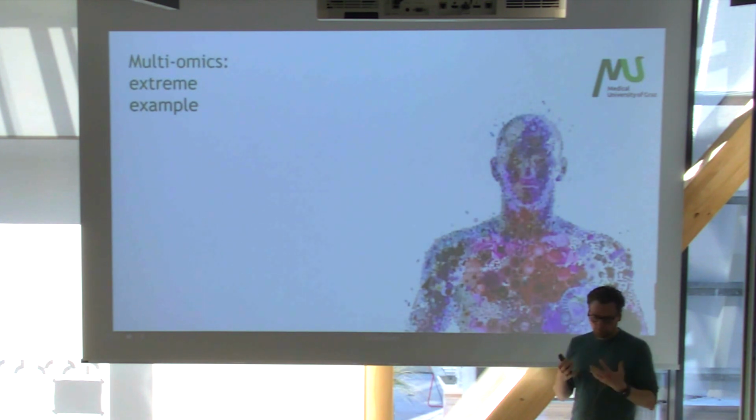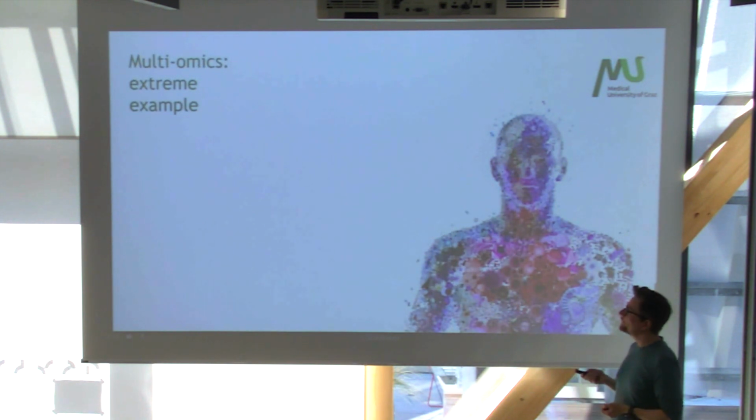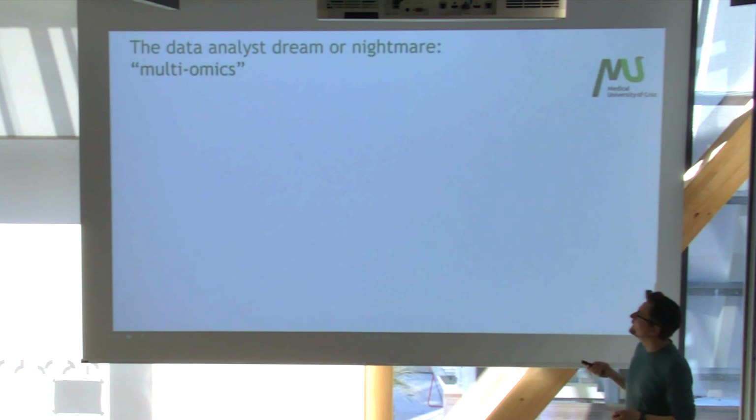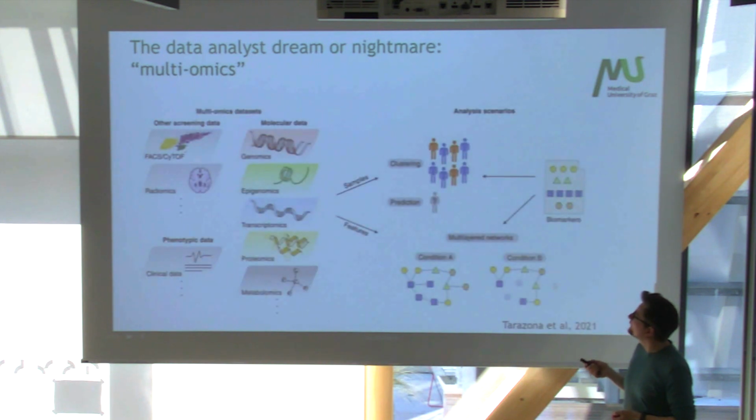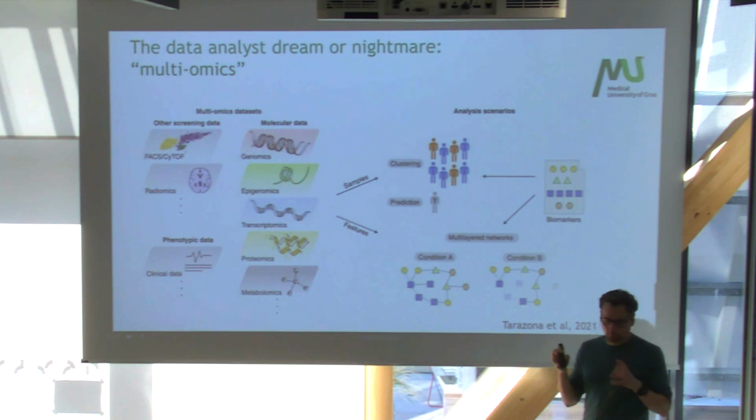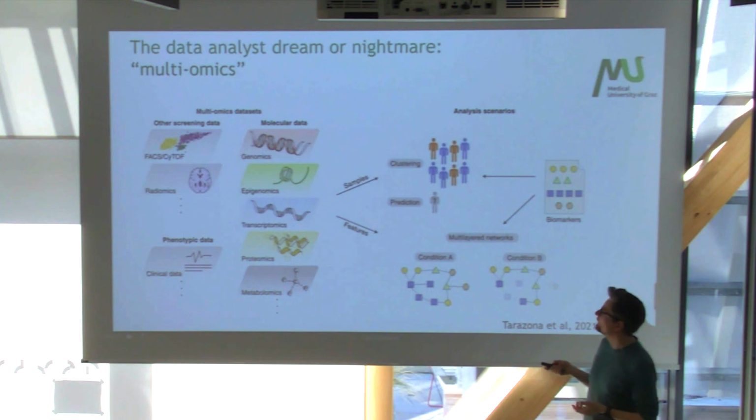To increase your interest maybe even more, I want to give you some extreme examples, the top that you can reach, let's say. The dream or the nightmare of a data analyst in microbiome research is so-called multi-omics. This term summarizes different types of biological molecules that you are investigating.